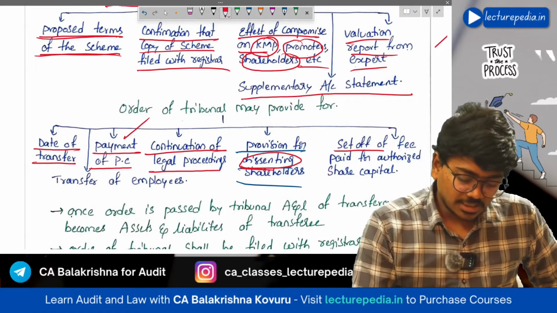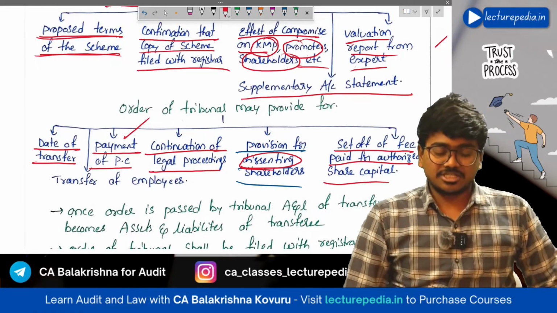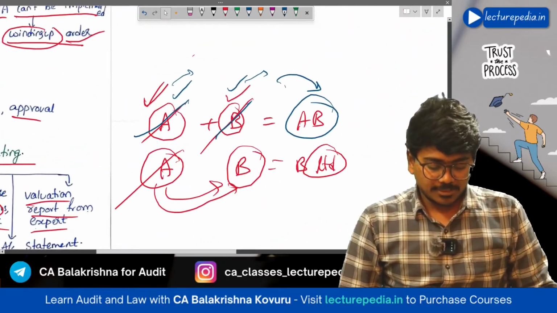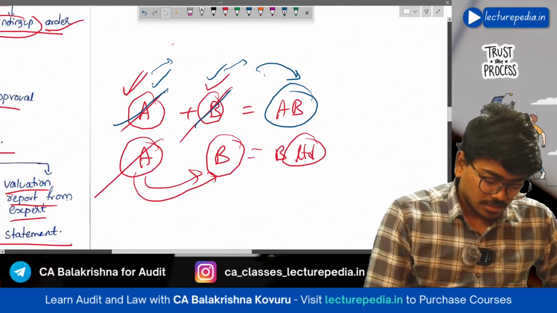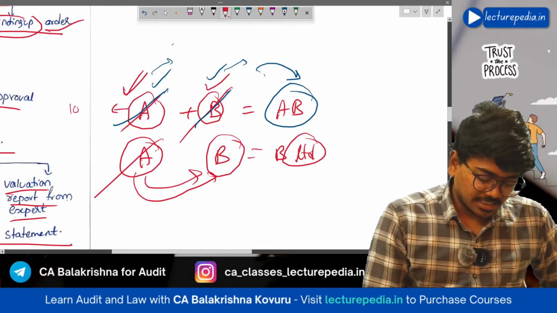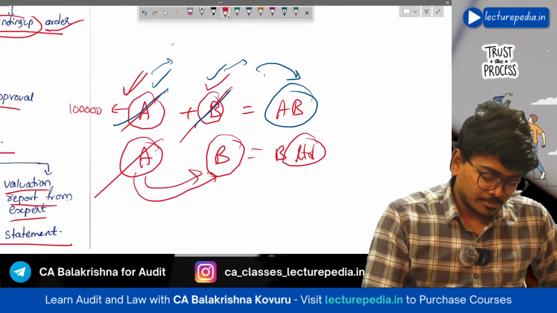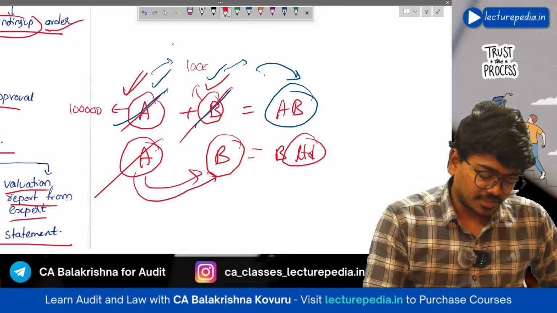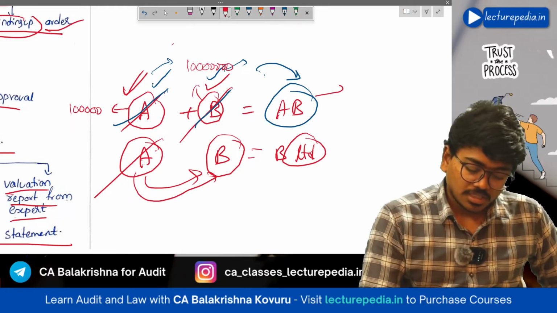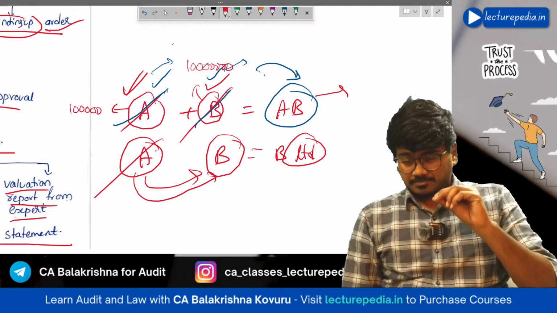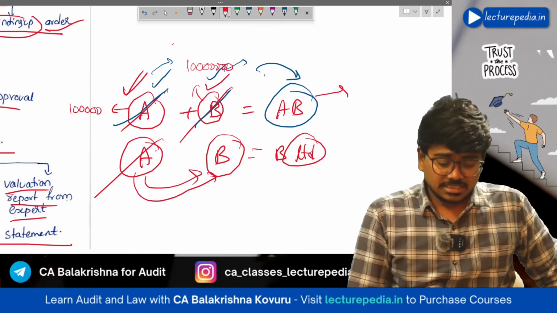Next, set off of fee paid for authorized share capital. Now let's say, for example, A Limited has authorized share capital of 1 lakh rupees, B Limited has authorized share capital of 10 lakh rupees. Now, AB Limited also should have some authorized share capital, right?